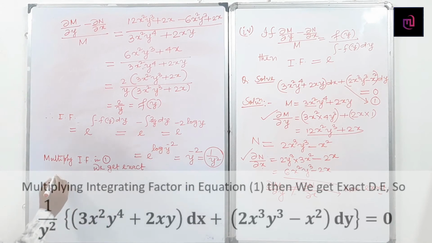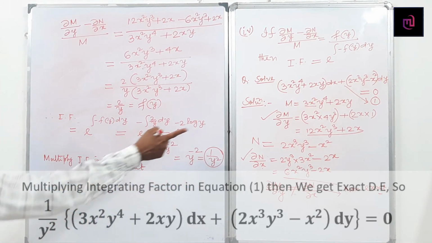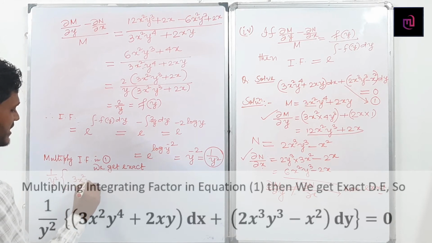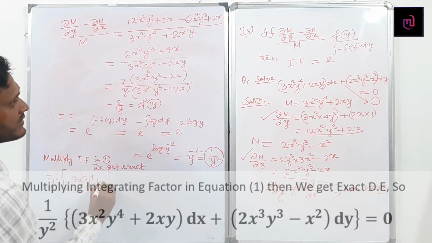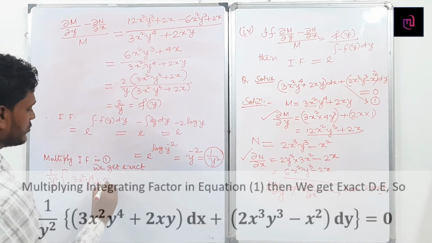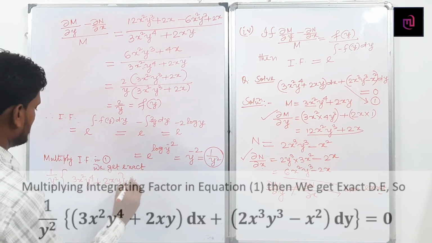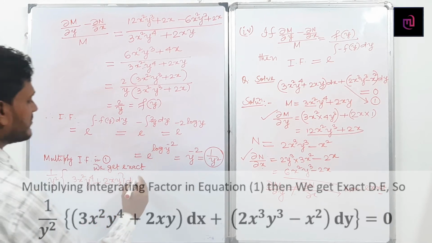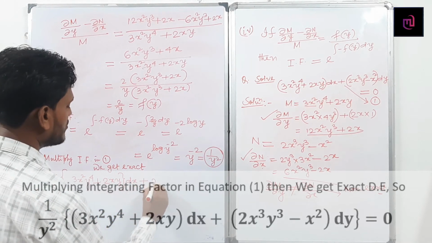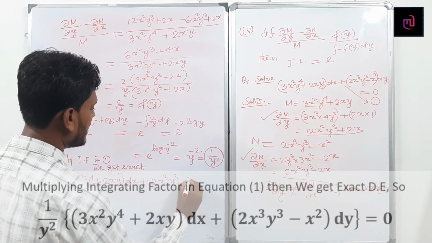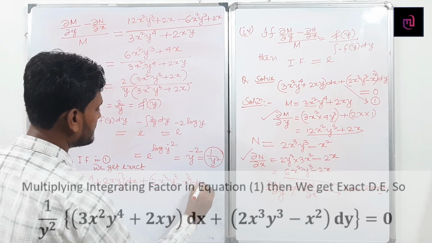Multiplying by 1 by y square, we get 1 by y square into 3x square y to the power 4 plus 2xy, plus 2xy, all into dx, plus 2x cube y cube minus x square, all into dy.